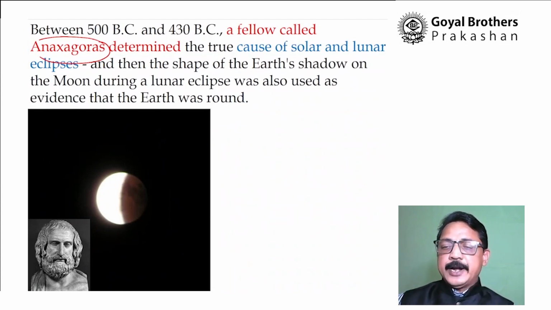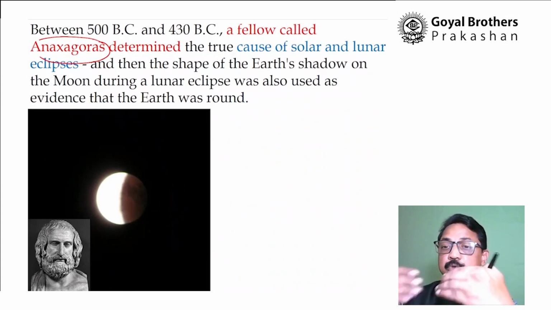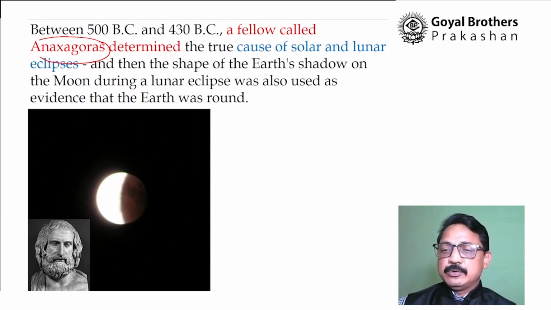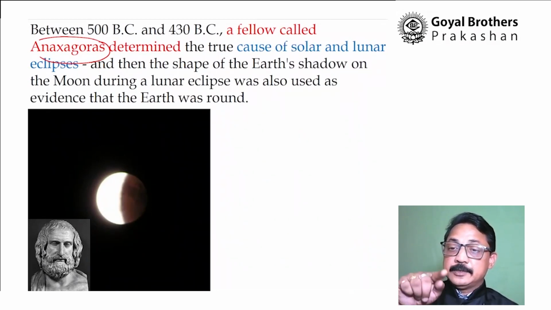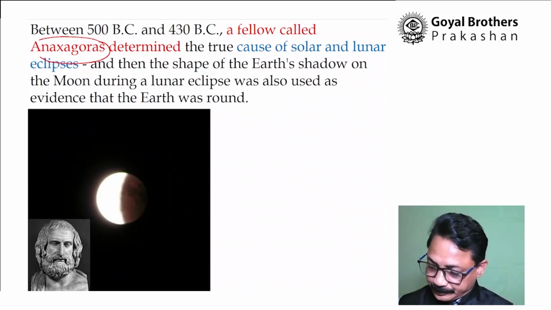So when the shadow of the Earth falls on the Moon, that shadow also looked spherical in shape. Therefore, he was the second person who decided to agree with the fact that was proposed by Pythagoras, that Earth must be spherical in shape.